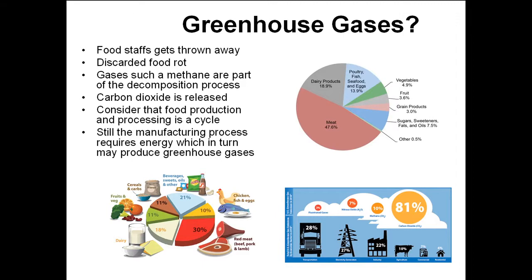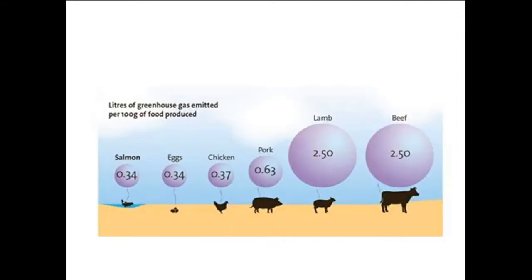Okay, I've got a few more slides. We're going to move on. Liters of greenhouse gas emitted per 100 grams of food produced, and it goes salmon, eggs, chicken, pork, lamb, and beef. Again, greenhouse gases can be the carbon which is used for the energy to produce them. We've got methane as well.